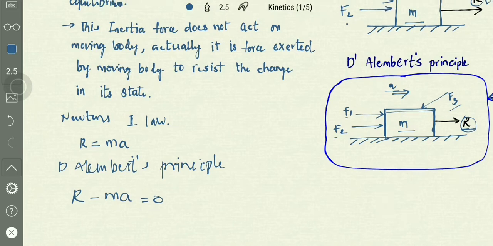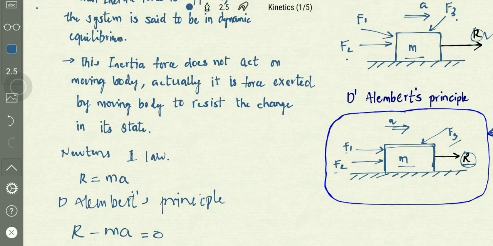So what is the significance of D'Alembert's principle? This inertia force does not act on the moving body. Actually, it is the force exerted by the moving body to resist the change in its state.